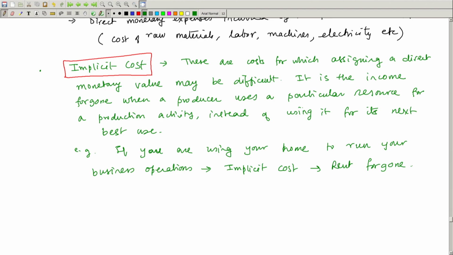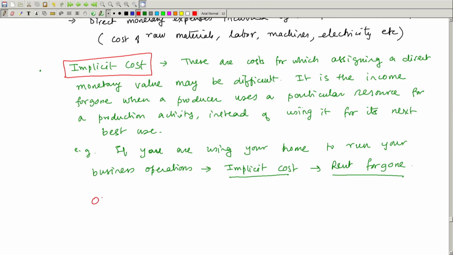Now, if you don't capture this rent that is foregone, you would be underestimating your entire cost of operations. You already have your explicit cost, but if you don't factor into account the rent that you could have potentially obtained, you would have underestimated your cost of operations.